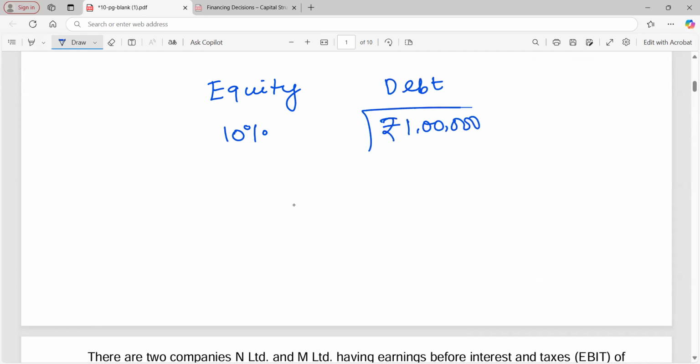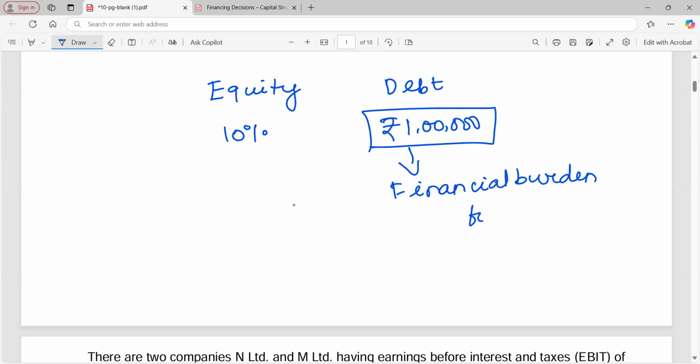Now clearly understand, this 1 lakh rupees of debt is a financial burden for the company. Why is it a financial burden? Because the company has borrowed 1 lakh rupees, which means that there is an obligation on the company's side to repay this 1 lakh along with the interest. So it is a financial burden for the company. Now, on whom will this financial burden fall?